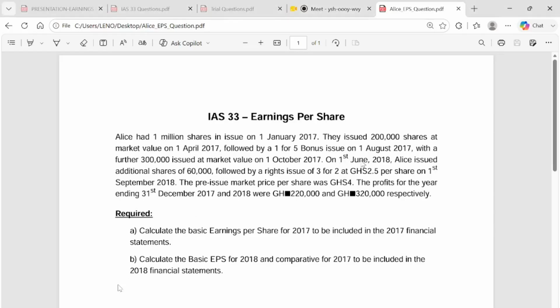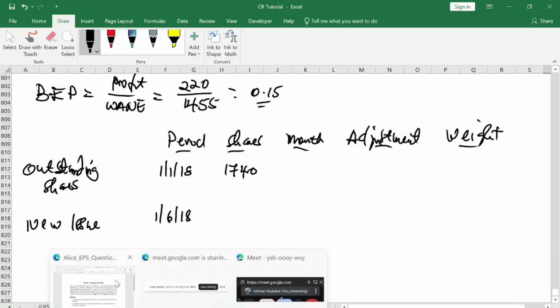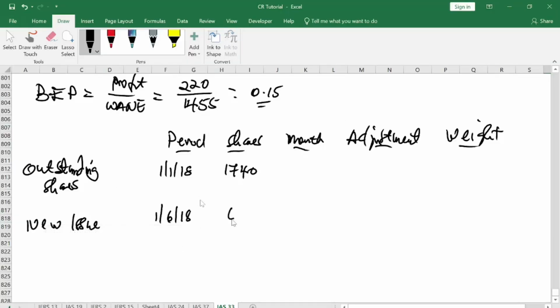Then you go into the question. You realize that on 1st June 2018, they issued 60,000 shares. So 1st June, you come here, new issue is 60.